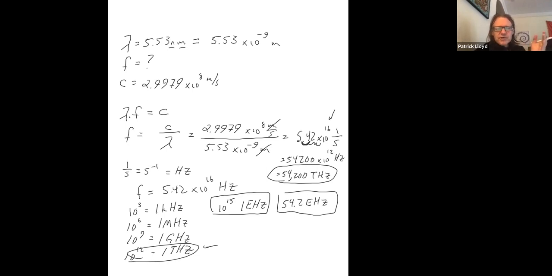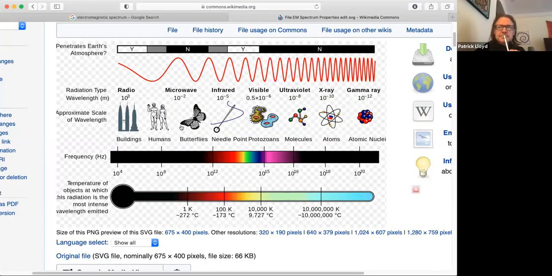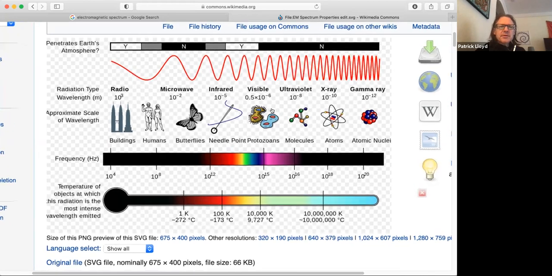Here we go. This is from Wikipedia, which is perfectly fine. Let me make this a little bit bigger. There we go. That shows up pretty well. Let me see if I can make it a little bit bigger.